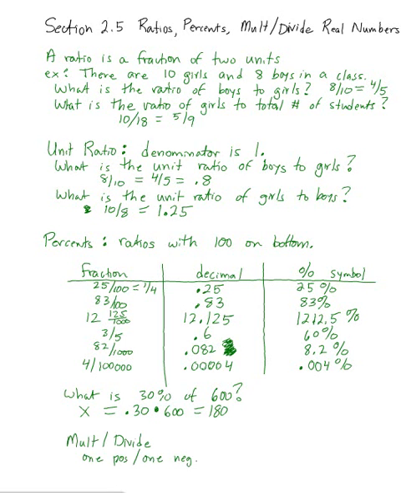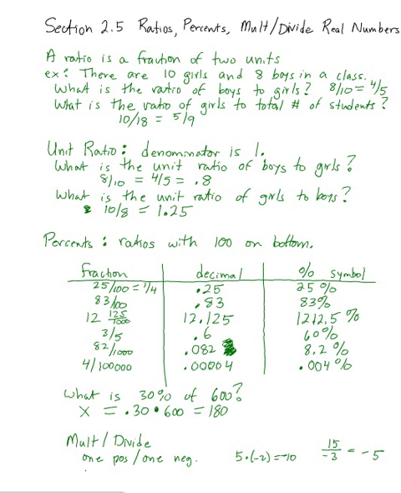The good news is the rules are the same. If you're multiplying and you have one positive and one negative, you get a negative. So 5 times negative 2 would be negative 10. The same with dividing. If you have one positive, 15, and one negative, negative 3, you get a negative. And it doesn't matter where the positive is, where the negative is. If you have one positive and one negative, you get a negative.